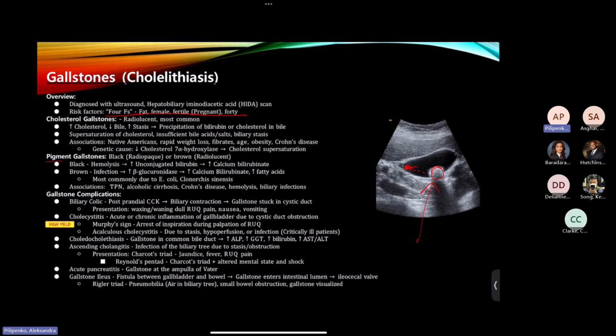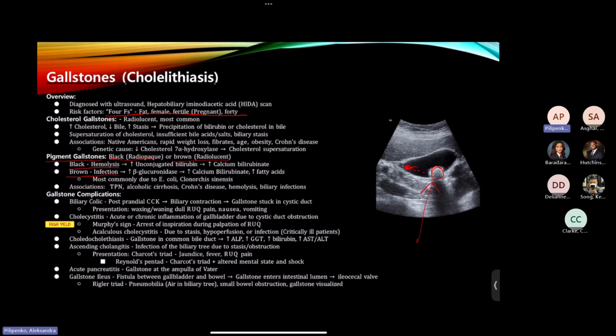Then you need to know different gallstones. How do they differ by color? Black, brown, right? And you see that black, they mostly happen from hemolysis, meaning that people with some hemolytic pathologies would be at high risk for gallstones, and those gallstones will be black in color.